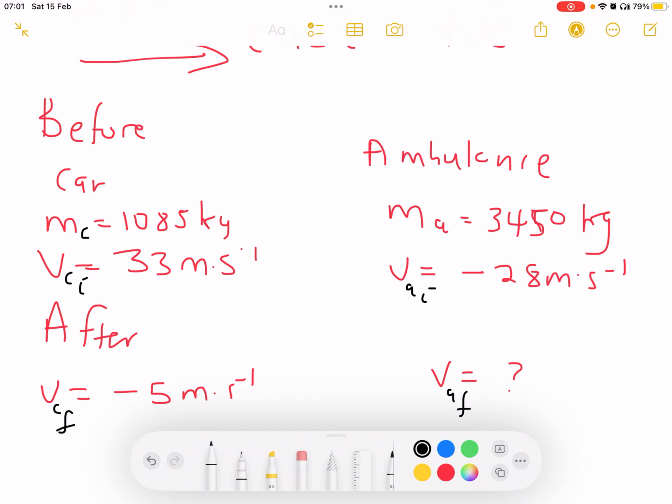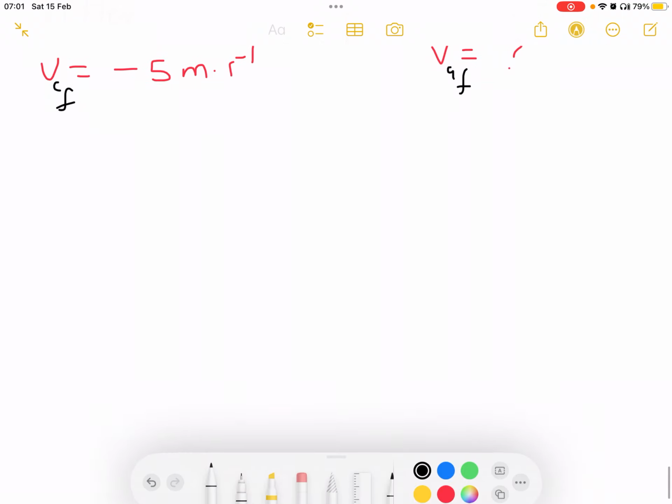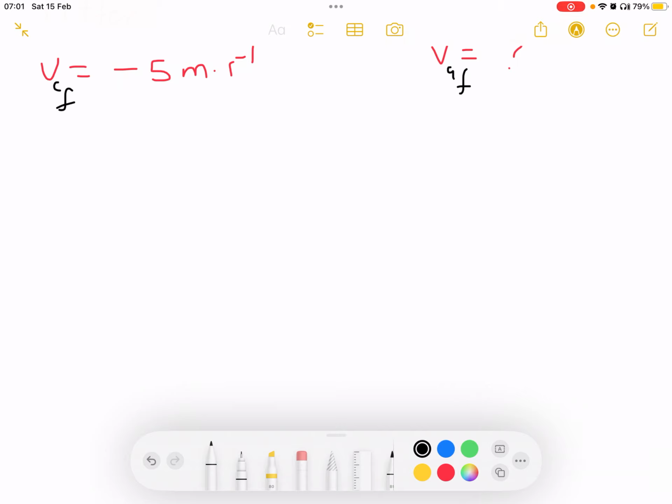Right, let's see how we apply the principle of conservation of linear momentum. It says that the total sum of the momentum before will be equal to the total sum of the momentum after.